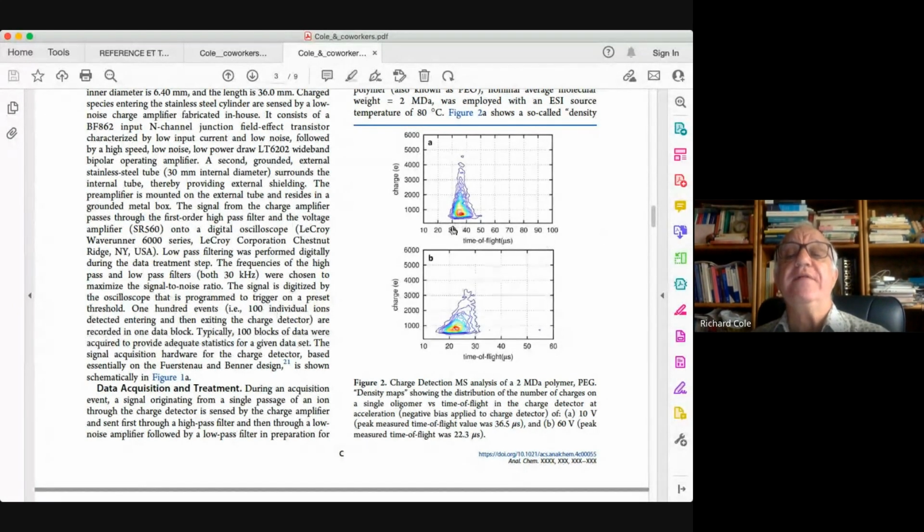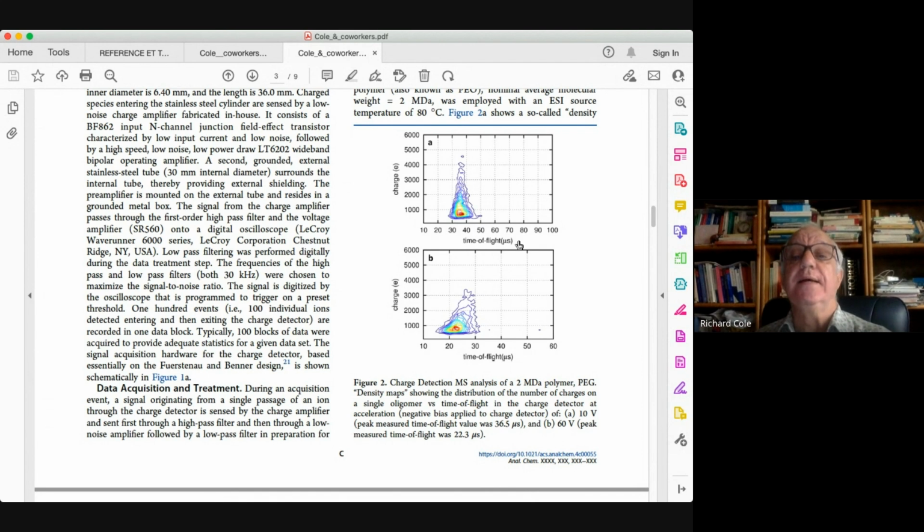But you can see that this composite signal, which encompasses thousands of events, gives us an indication that most of the peak signal occurs for this particular time of flight, that's residence time, if you like, inside the charge detector.